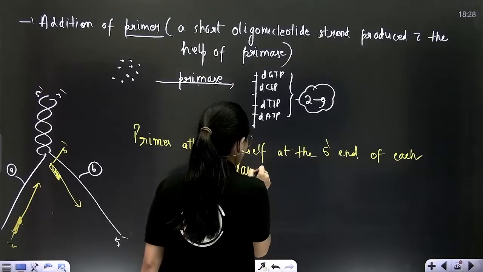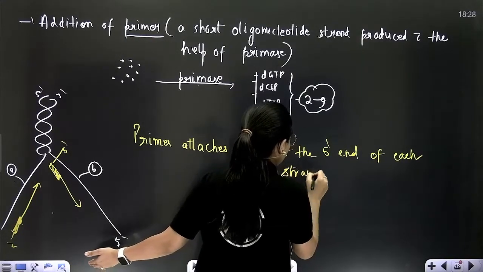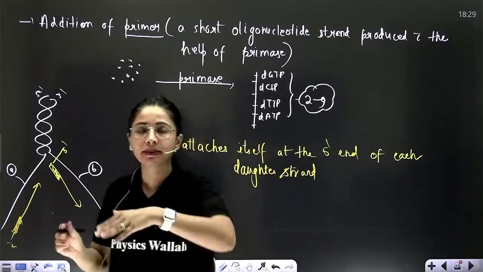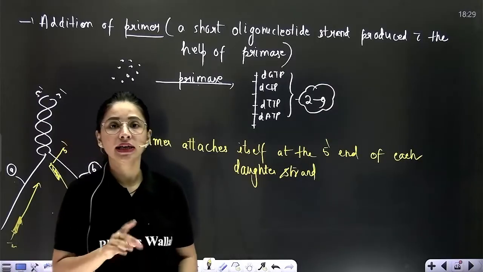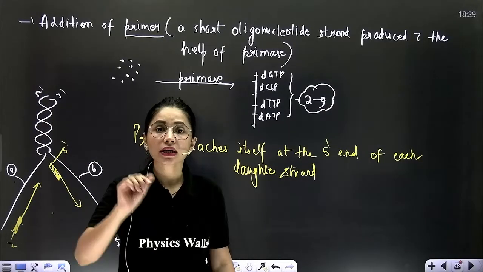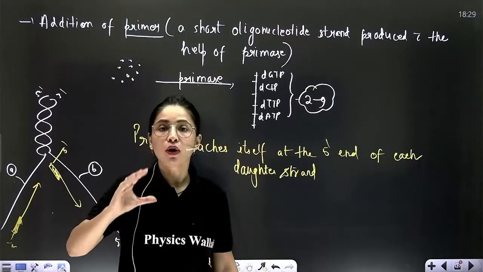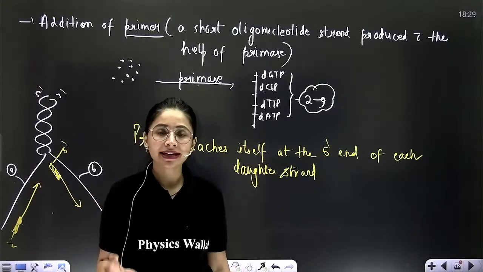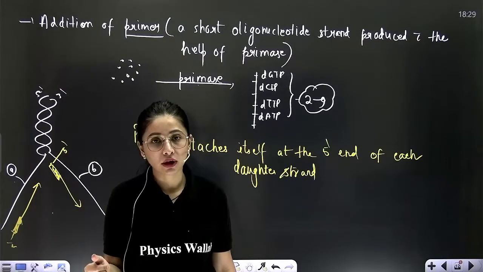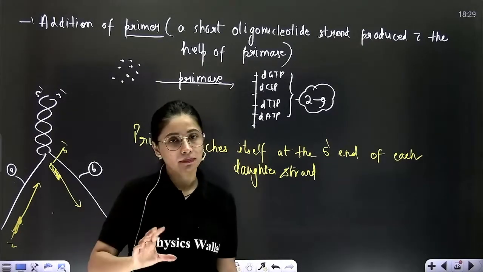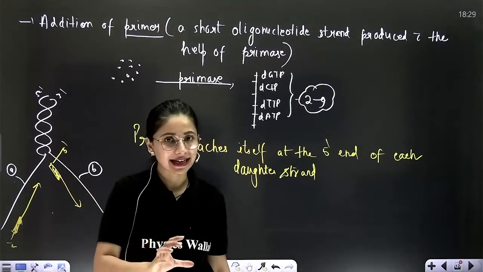Now why is this random primer required? Even the primer is sometimes not following the complementary base pairing. So why is this wrong primer attached? Only because DNA polymerase 3 cannot initiate the replication. DNA polymerase 3 needs a small ladder. DNA polymerase 3 enzyme, which is required for the synthesis of new daughter strand, cannot initiate the process. Hence, a small primer comes and gets attached.